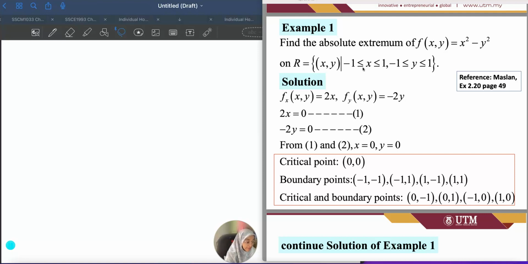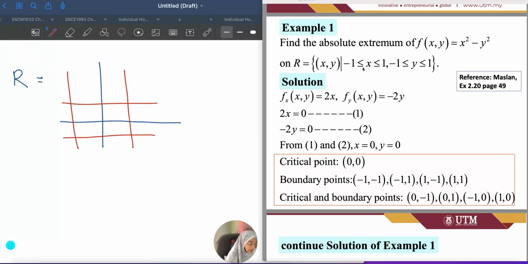So you can see that the region, we just draw it. X is between -1 and 1, and y is also between -1 and 1.